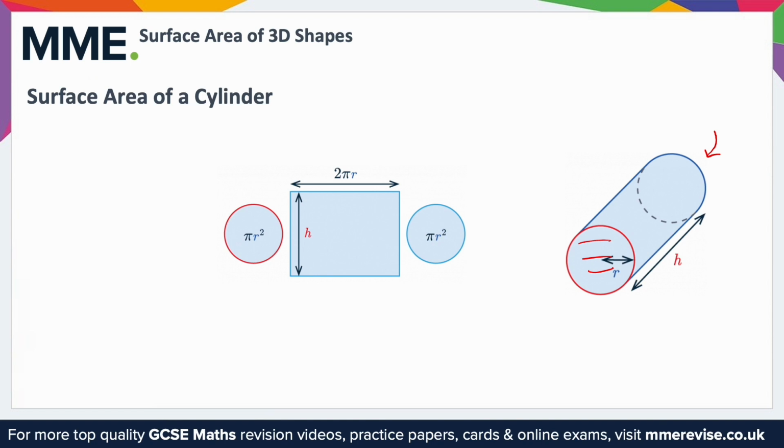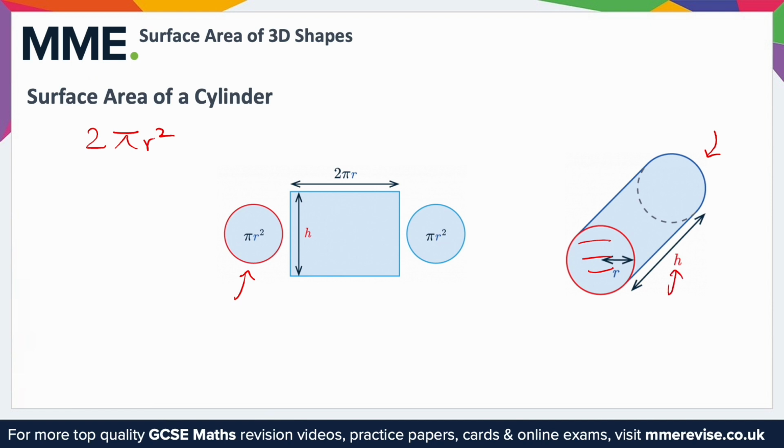So if we can work these out individually, the rectangle, the 2 circles, then we just need to add them all up. So the circles, we should know that those are pi r squared for each one, and there's going to be 2 lots of that. So it's going to be 2 pi r squared. Then the rectangle in the middle, it's not immediately obvious.